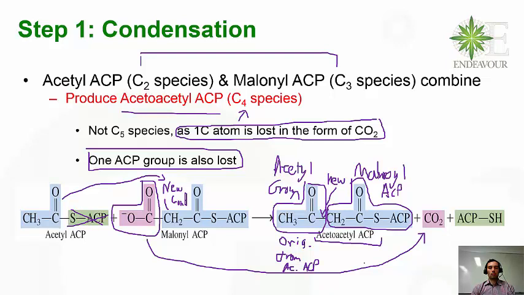The acetoacetyl ACP contains 4 carbons, and to create this compound, we've lost the carboxyl group, which was a part of the malonyl ACP, as CO2, and the ACP has also been lost. The loss of these groups allows us to attach the remaining carbons from the malonyl ACP and the acetyl ACP, and that's what we have formed in the acetoacetyl ACP.